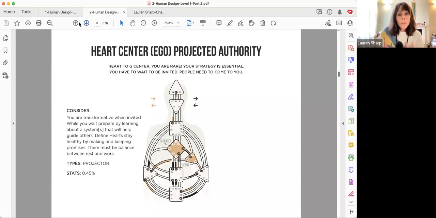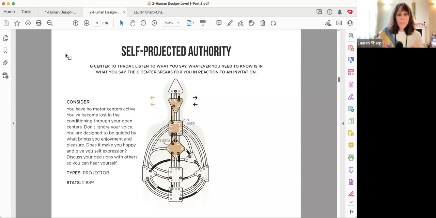Going over to self-projected, this is another projector profile where you have a G center to the throat. It's like, whatever you need to know is in what you say. This is the individual I spoke about who has a recorder on their phone and walks around talking into it and then listens back.